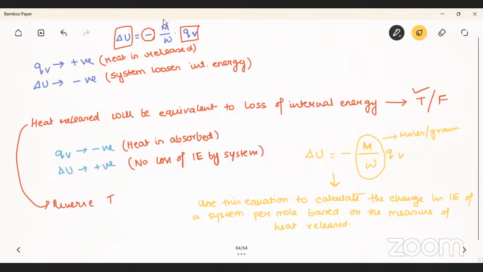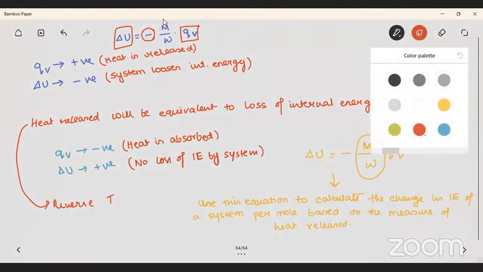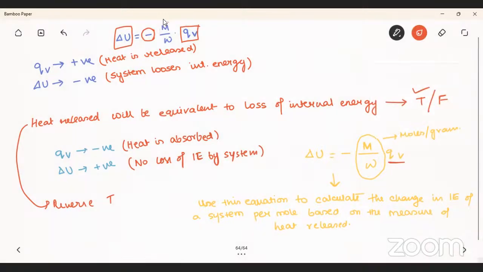Now you can ask me, ma'am, you have been providing us with so many examples, so how to deal? If in your exam the heat term is given, and they have asked you to calculate the internal energy, use this formula.